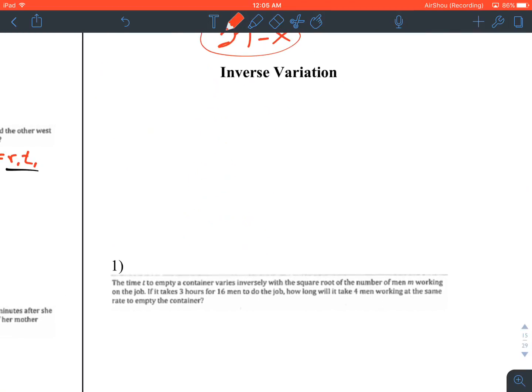Inverse variation means that the numbers move in opposite directions. So instead of having the relationship we just had, x1 over y1, we're going to have x1 times y1 equals x2 times y2. So with direct variation, you divide things that are related to each other.